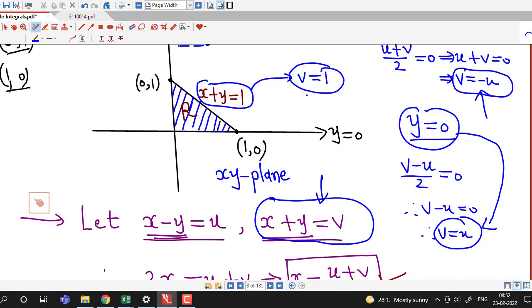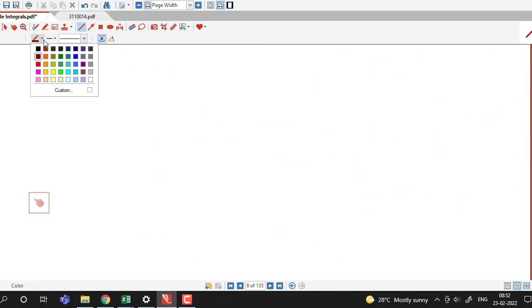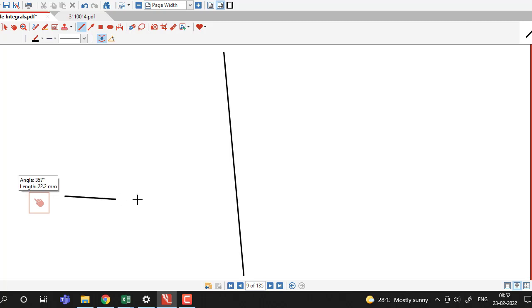So the region in the uv plane will be the region bounded by v equal to 1, v equal to minus u, and v equal to u. So in this way we can decide the region in the uv plane, which is the image of the region in the xy plane under the selected transformation. So let me sketch it in the middle. So now we are sketching the region in the uv plane.